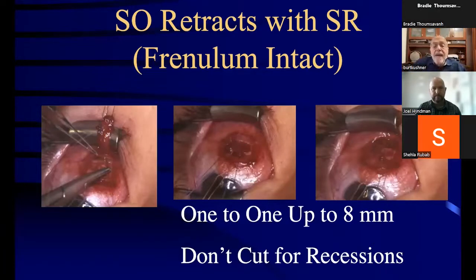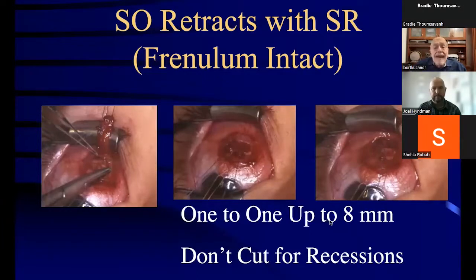And it turns out that it's about 1-to-1, that for every millimeter the superior rectus is hung back, the superior oblique, now it's not disinserted, mind you, this is just the body of the tendon, moves back with the superior rectus up to about an 8 millimeter recession.